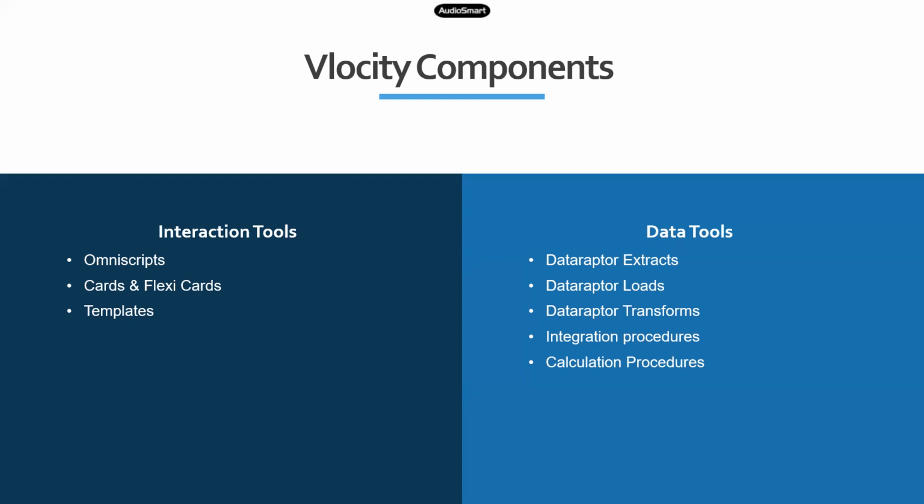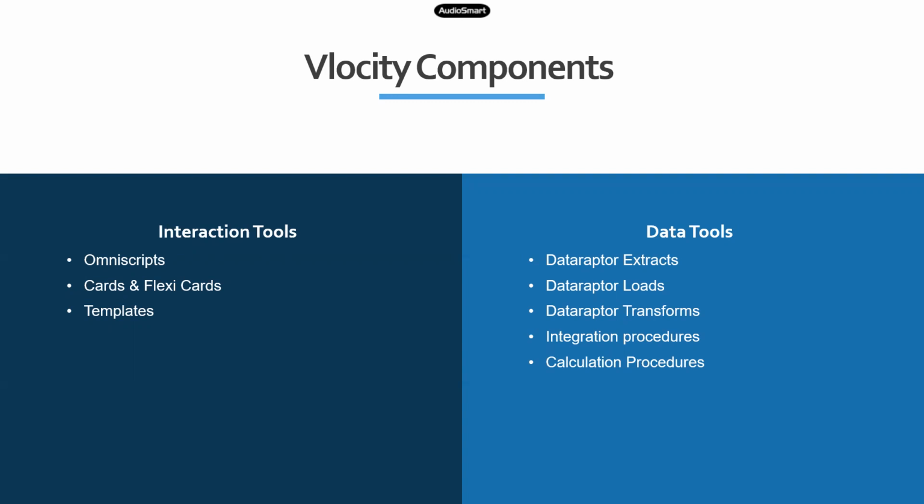Then DataRaptor Load, which will take care of all the DML operations that you can execute in Apex class. You want to update, you want to insert, or you want to upsert, you can use a DataRaptor Load. You don't have to write code. You don't have to write a for loop and pass in a list and add everything again to the list.